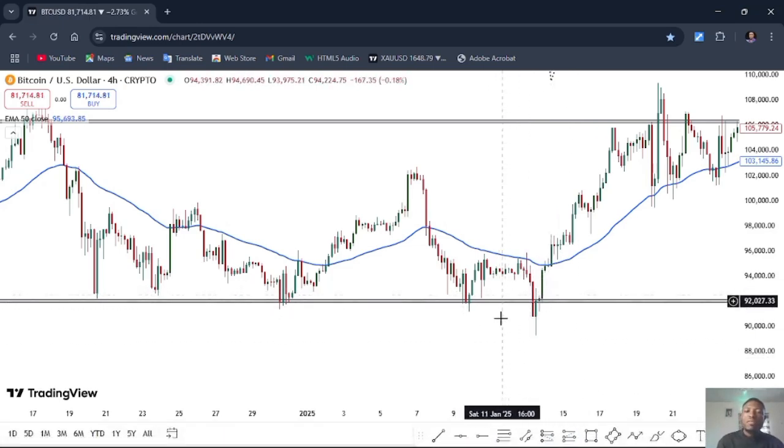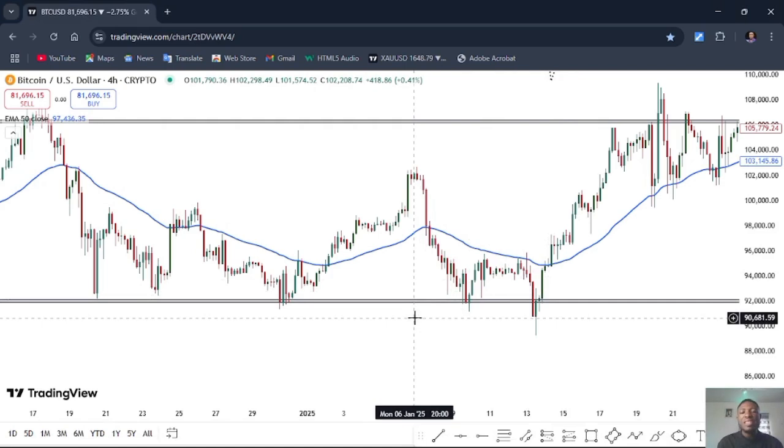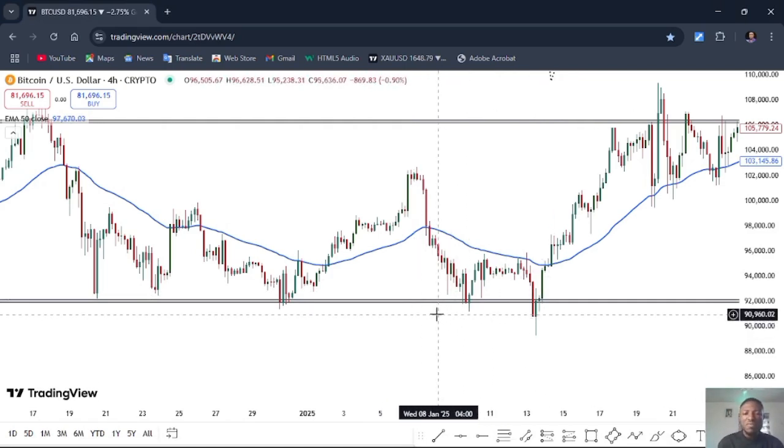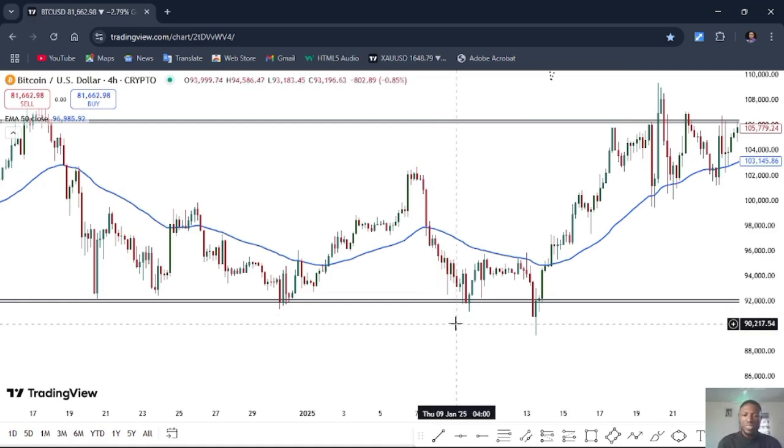Another way you can avoid this from occurring is not placing a very tight stop loss. I have seen traders that place very, very tight stop losses. Placing a very tight stop loss doesn't guarantee that you will necessarily be in profit. Sometimes give your stops air to breathe.